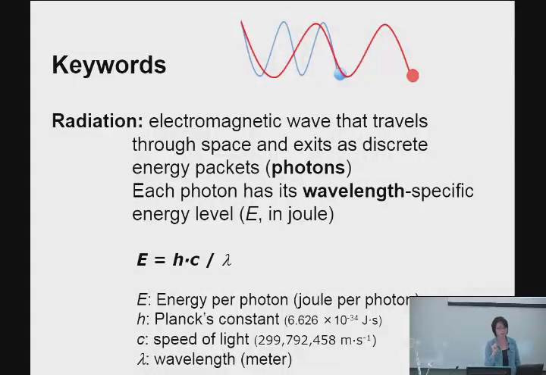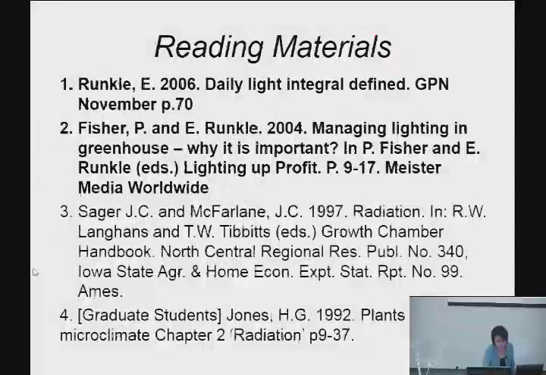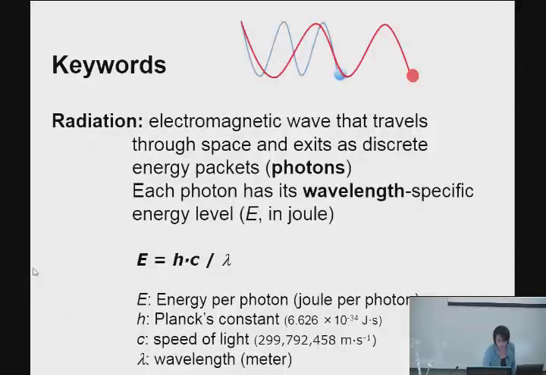Okay, and if the wavelength is longer, that means the energy level is lower, because the constants divided by wavelength is the energy. So if you have a greater or longer wavelength, then you have a smaller energy level. That's the equation, and this particular equation uses meters as the unit.